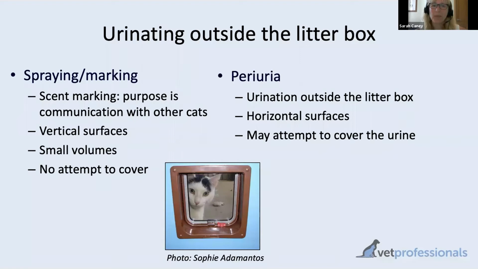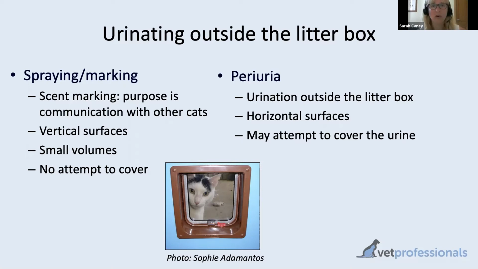And another couple of definitions which are useful to introduce at this point. One would be spraying or marking behaviour, and you will, I'm sure, have heard of this, if not having experienced it in your household or elsewhere. But this is where typically small volumes of urine are passed by the cat, often with them in a very upright position, so not squatting in the typical urination position.